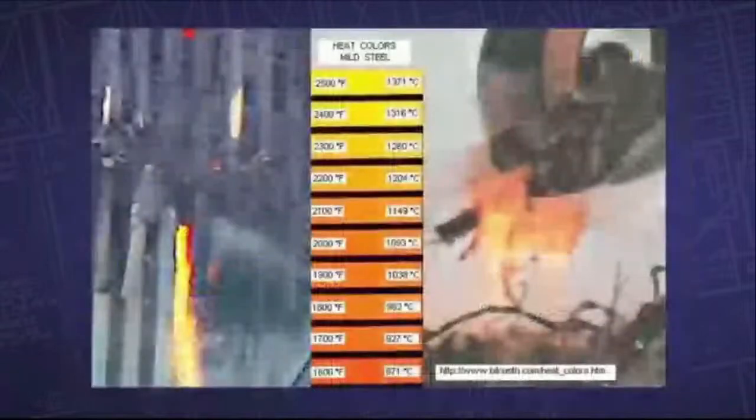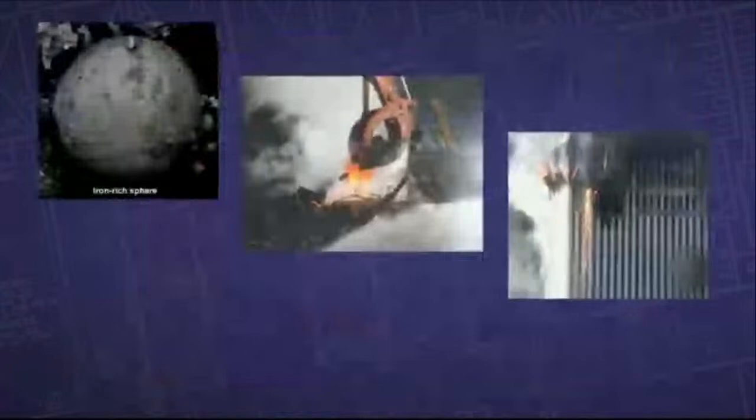And molten steel needs at least 2,700 degrees Fahrenheit in order to melt. In an office fire, you cannot generate enough heat to melt steel. And yet we have evidence of molten iron in the microspheres, in the rubble pile, and the metal pouring out of the side of the tower.